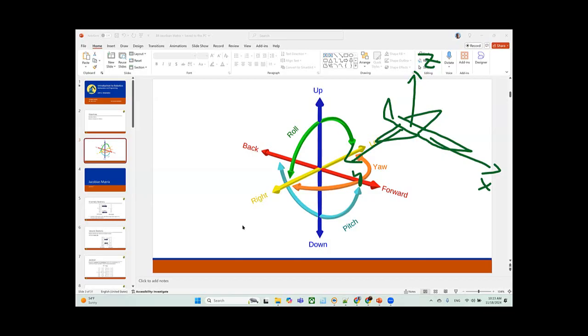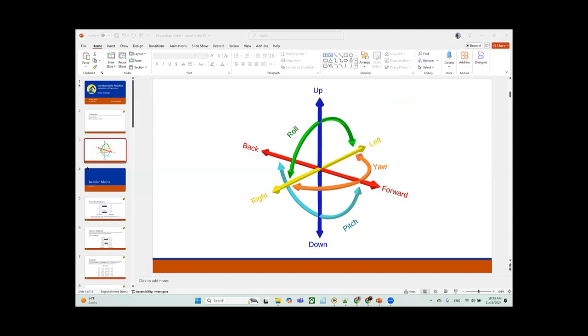This airplane may also have rotation along this, that's the so-called pitch. Your airplane may be pitching in this way. Okay, so that's the 6 degrees of freedom.